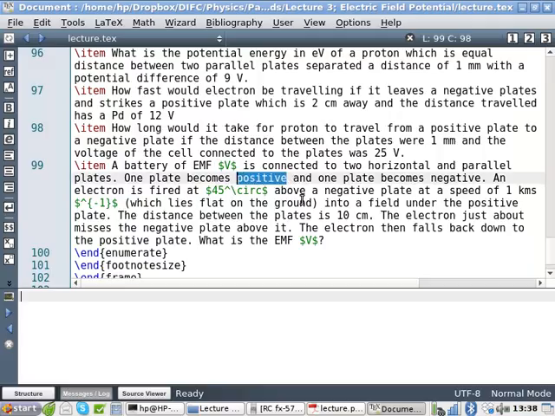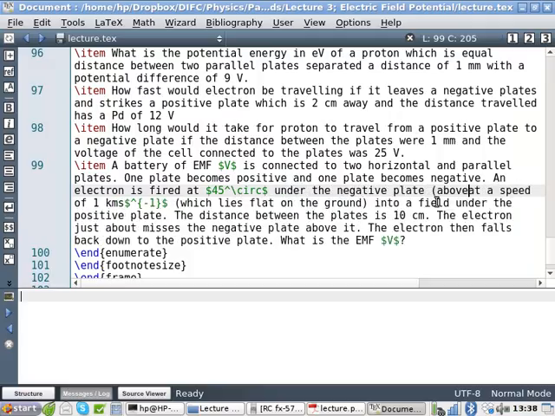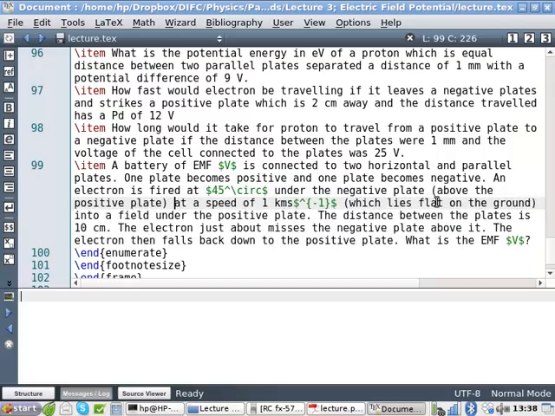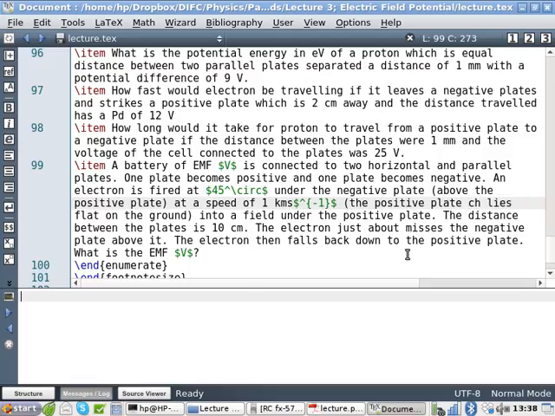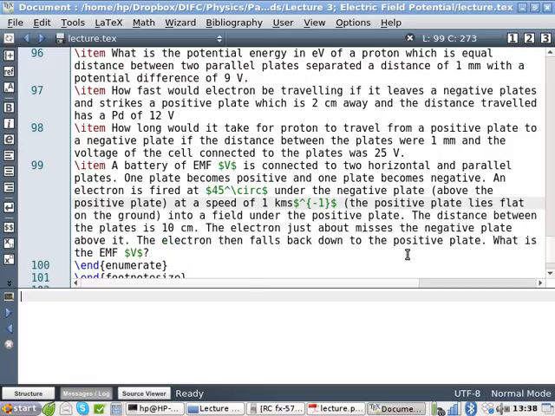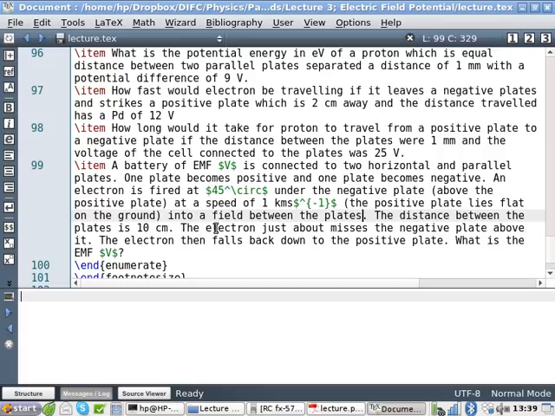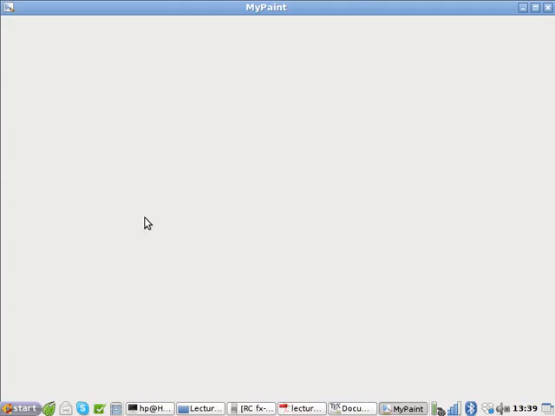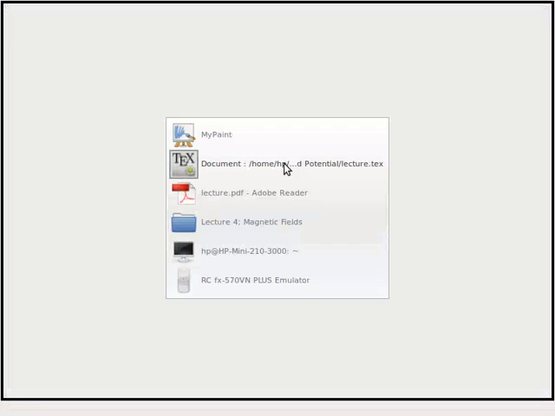An electron is fired at 45 degrees under the negative plate, so that means above the positive plate. The distance between the plates is not far.